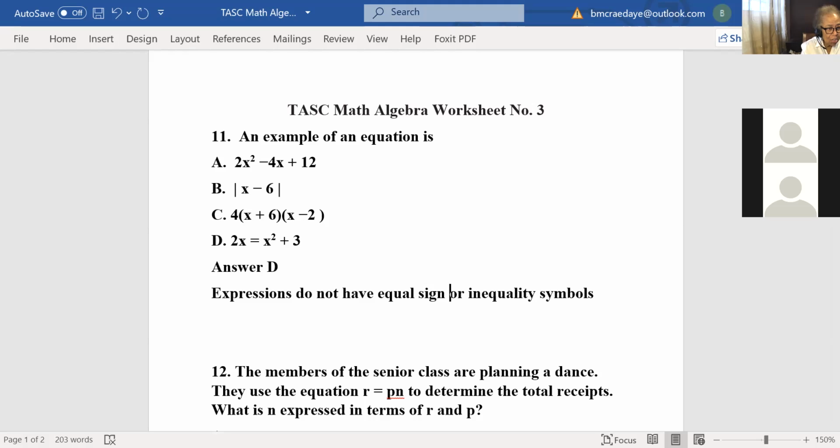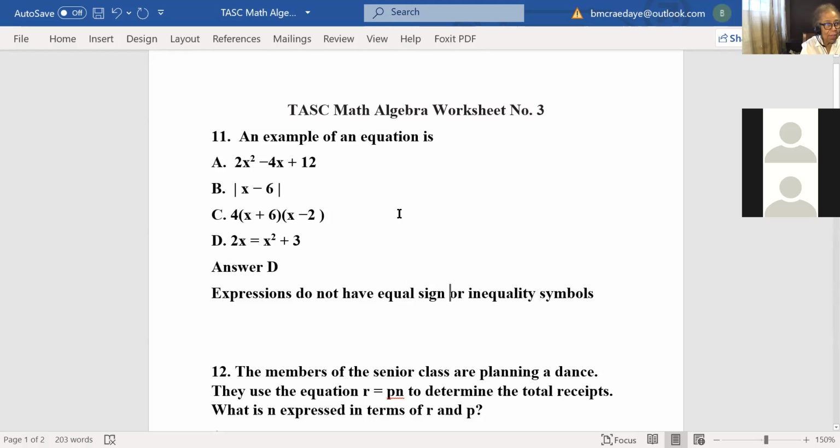Got it? So I gave you a list here with 3 expressions and one equation. Equations have equal signs, that's part of an equation. Got it?